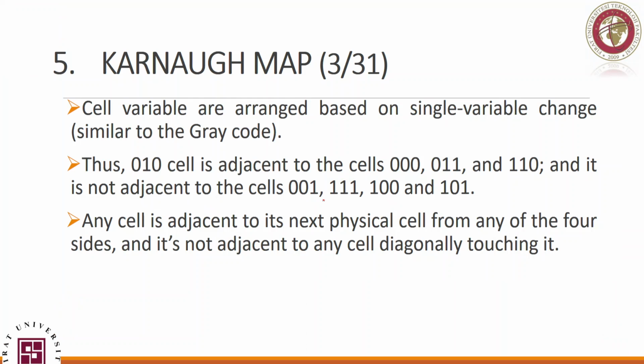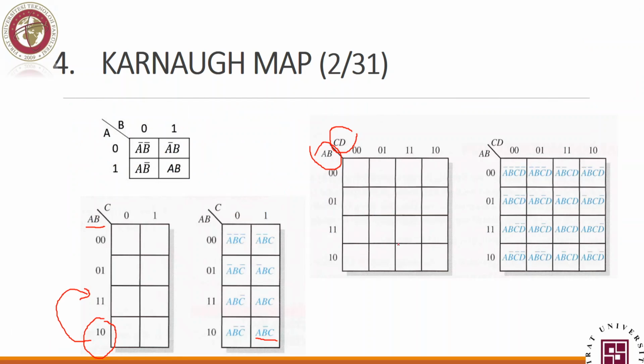Now, how do I use it? Karnaugh, as I explained, let me explain about the adjacency. This is exactly the way it is built around the gray code. Now, this cell with this cell are adjacent. Adjacent means what?